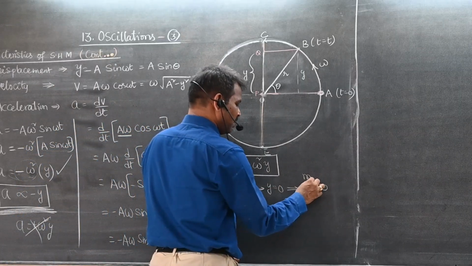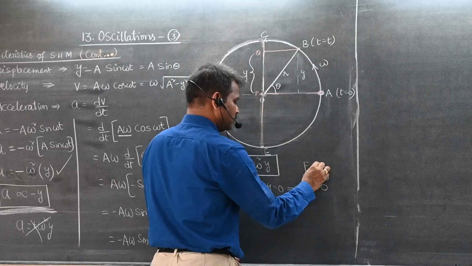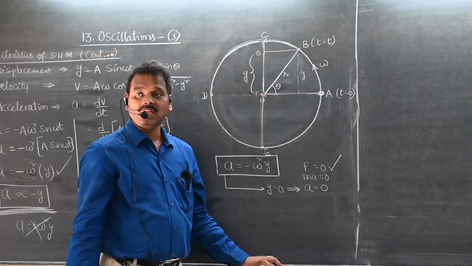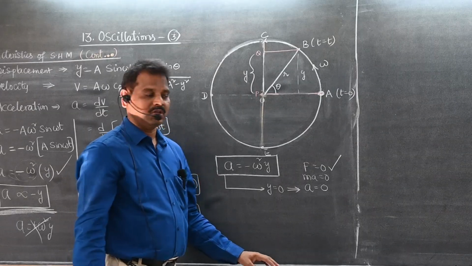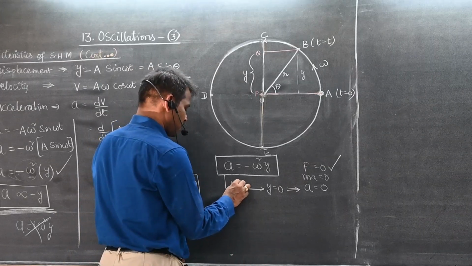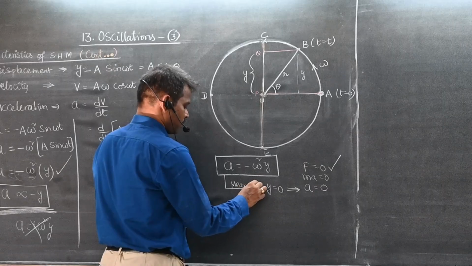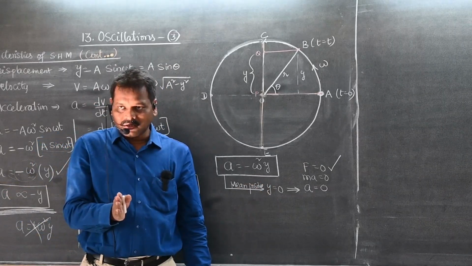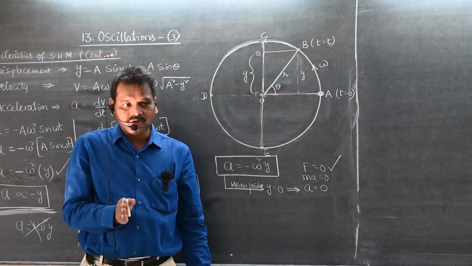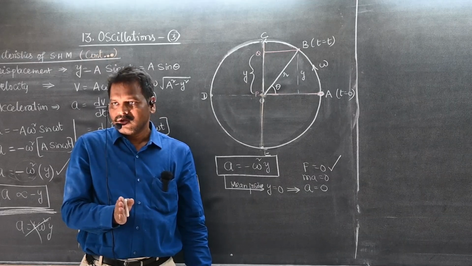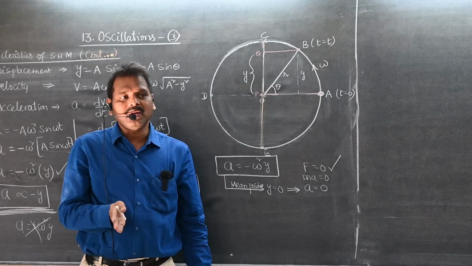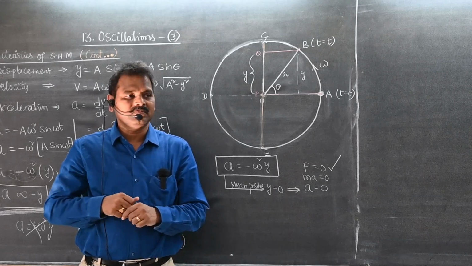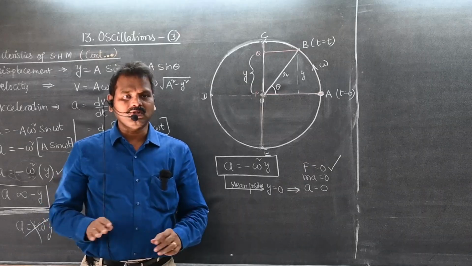A is 0 means ma is also 0, F is equal to 0. What does F equal to 0 mean? The particle is at the mean position. So when the particle is at the mean position, what is its acceleration? 0. What is the meaning of 0? It doesn't want to change its position.